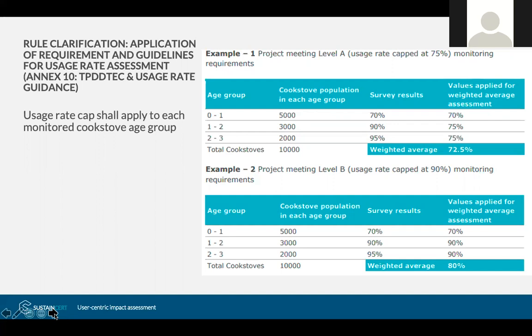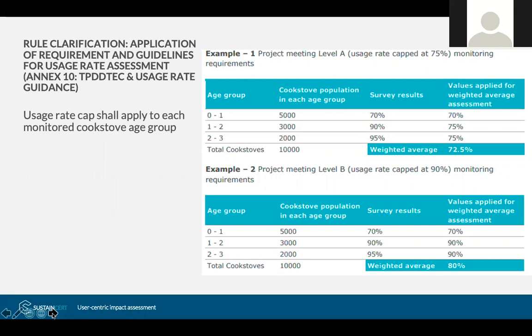If a project activity follows level A monitoring, then the default usage rate is capped at 75%. You can see in this example that there are three age groups, and based on the survey results, the usage rates are 70, 90, and 95% respectively for these three age groups.